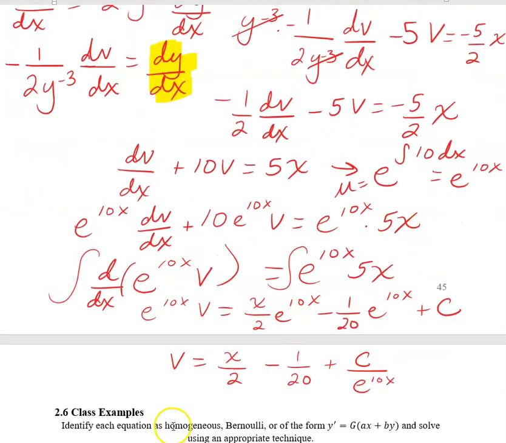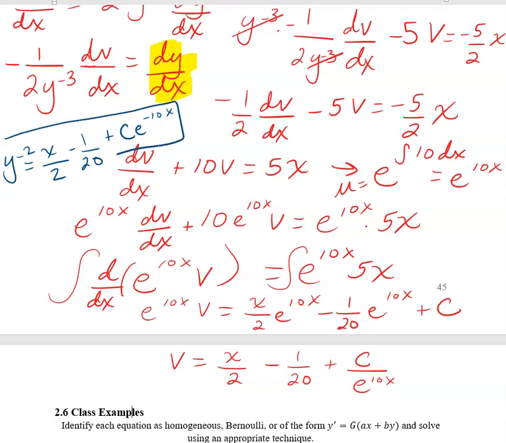So then my final answer, I'm going to write it up here somewhere. My final answer becomes y to the negative second equals x over 2 minus 1 over 20 plus, and I'm short on space here, so I'm going to write this as c e to the negative 10x, so I don't have to deal with another denominator.